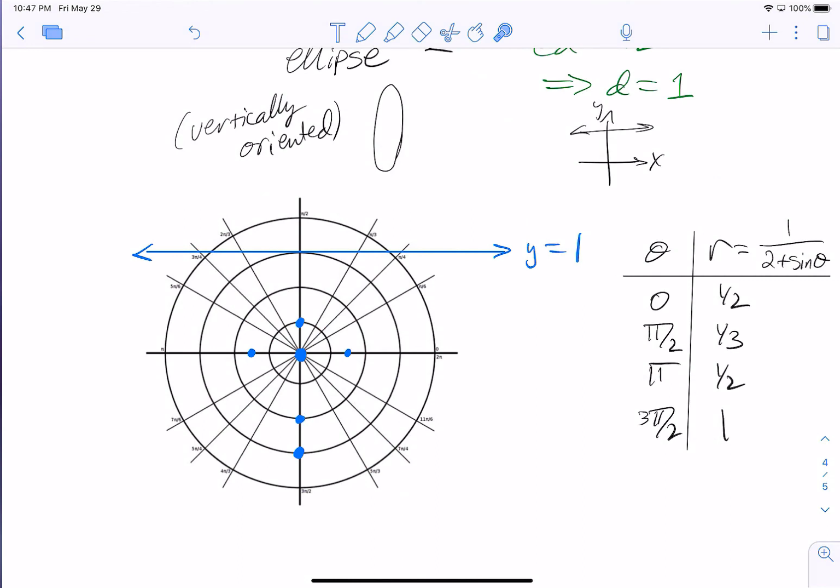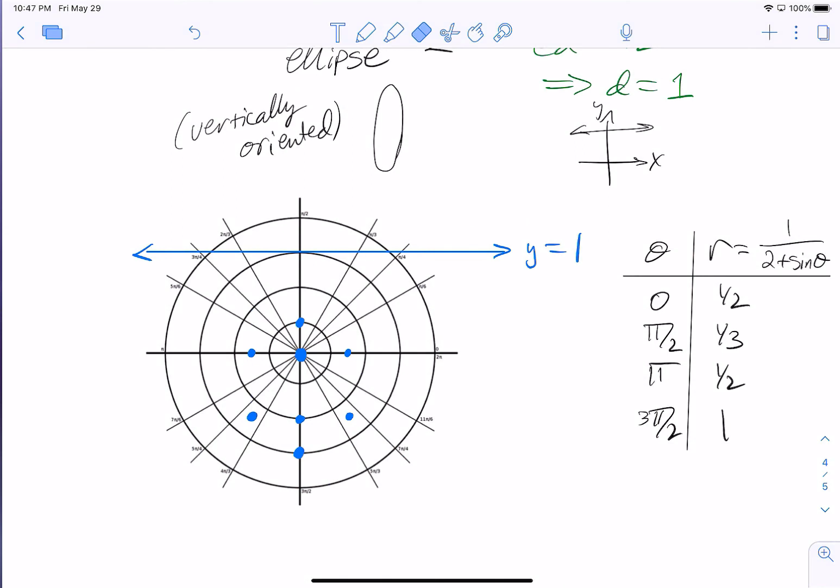Therefore, if I draw vertical lines that go through known points on the ellipse, then I know that the line that goes through the focus that's on the line theta equals pi over 2 will intersect these vertical lines due to the symmetry of the ellipse. And so that gives me a little indication as to where I can put a couple more points.